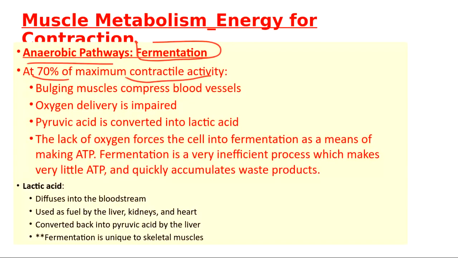So bulging muscles are going to compress blood vessels, oxygen delivery is impaired, so now the muscle cannot make ATP by aerobic respiration. When that happens, the muscle turns to fermentation. So let me show you what actually happens.